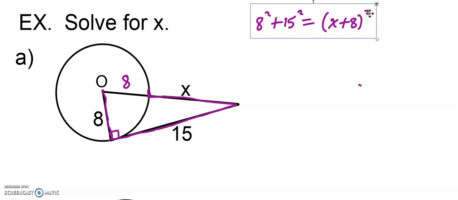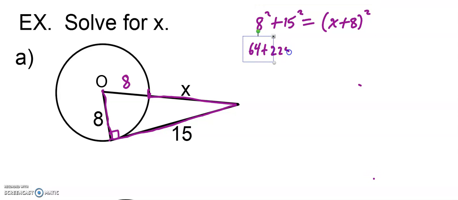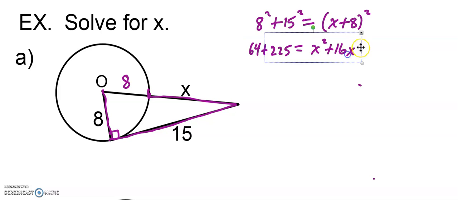And now I've just created an algebra problem. So solving, I would get 64 plus 225 equals, multiplying this out, x squared plus 16x plus 64. From here, because it's a quadratic, I need to make one side 0.